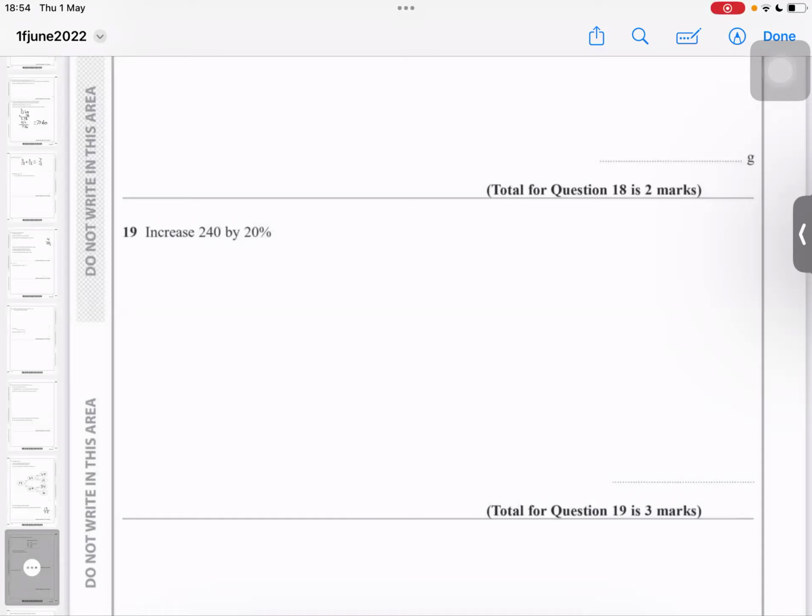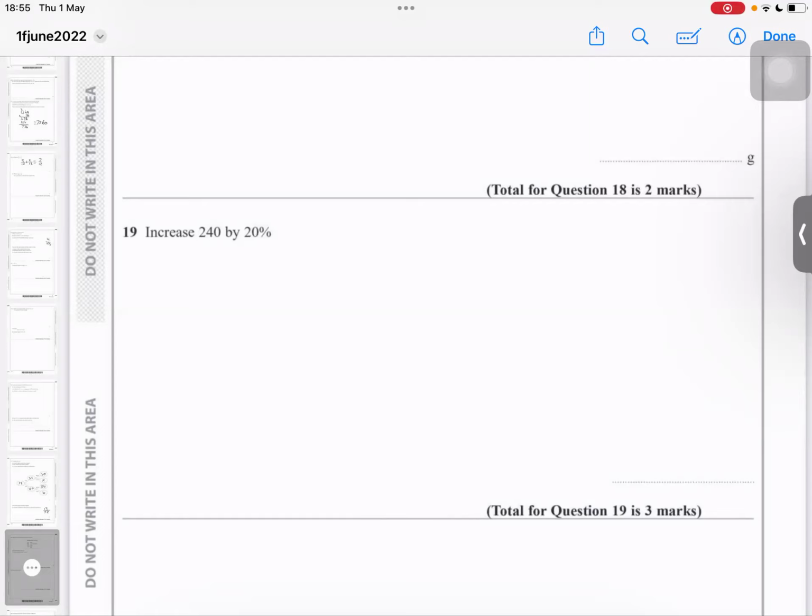The first one. The first one? Yes. Okay, all right. So the advantage of the first method is that it somehow explains itself. The second one, if you look at it carefully, also explains itself, because the question said increase 240 by 20%.